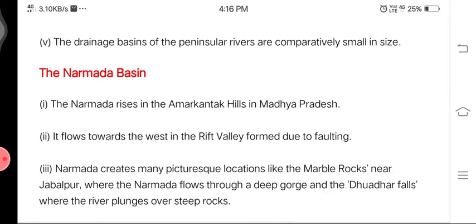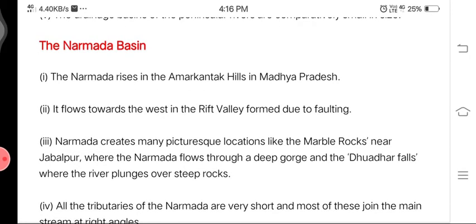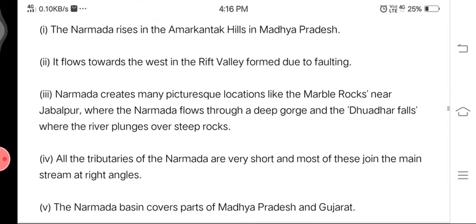Firstly, we talk about the Narmada river system, or the Narmada basin. The Narmada arises in the Amarkantak hills in Madhya Pradesh. It flows toward the west in the Rift Valley, formed due to faulting.